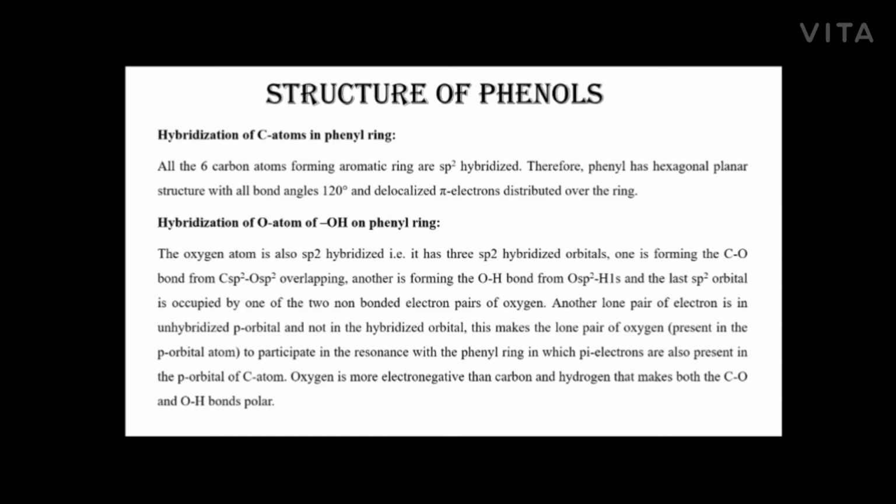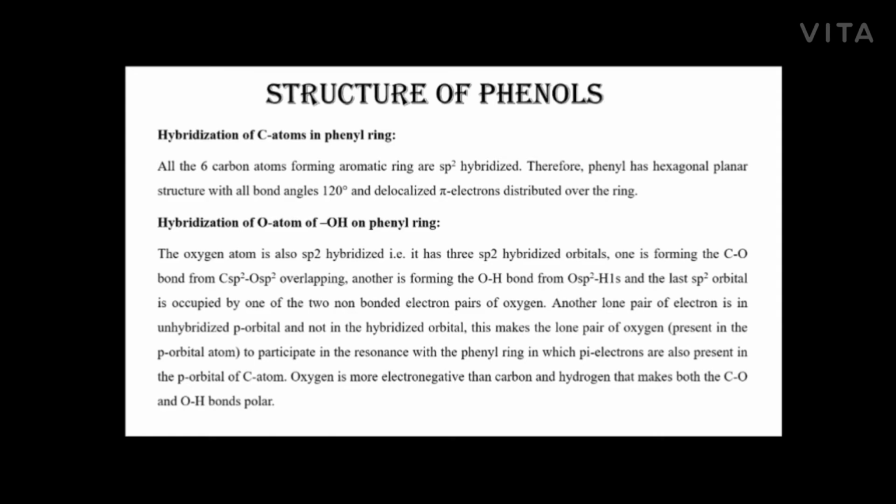Next, if I talk about the hybridization of the oxygen atom of the OH, that is the hydroxyl group of the phenolic ring, we can say that the oxygen atom attached to the OH is sp2 hybridized. So students, there is something to pay attention to: the oxygen is not sp3 hybridized like in water, but it is sp2 hybridized because the oxygen's lone pair is involved in resonance with the benzene ring, right?